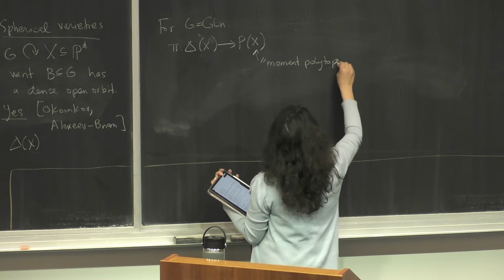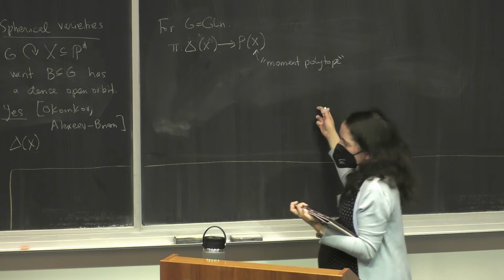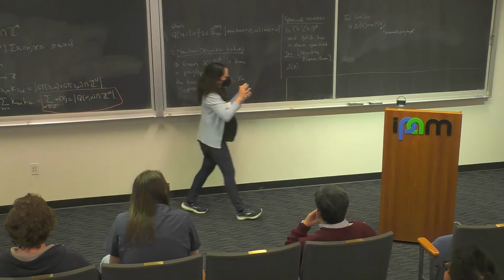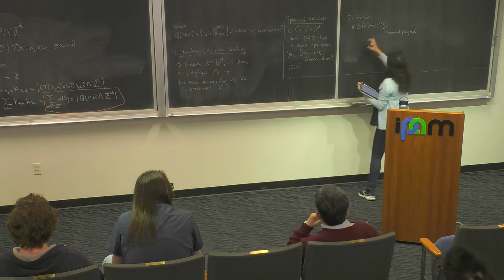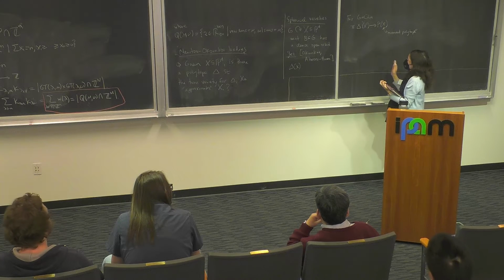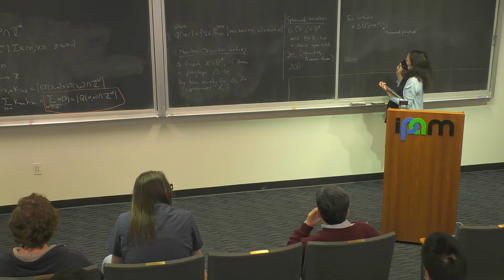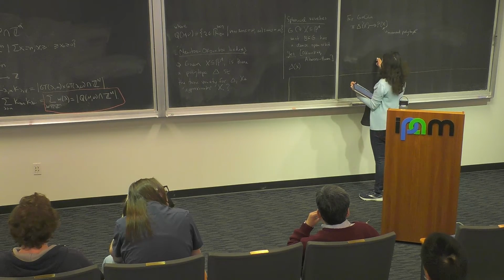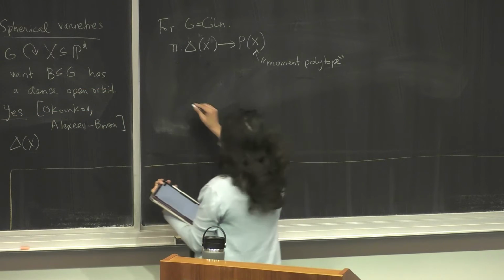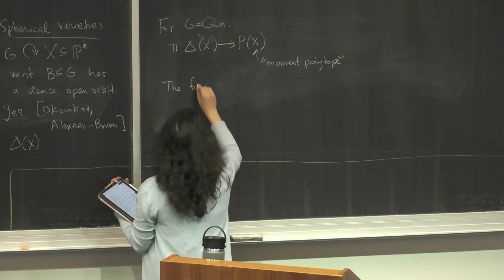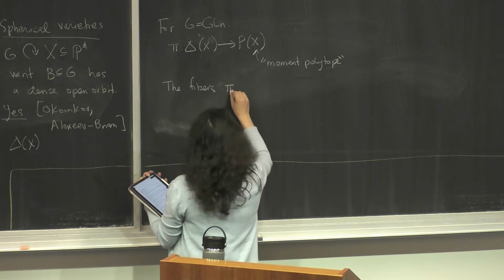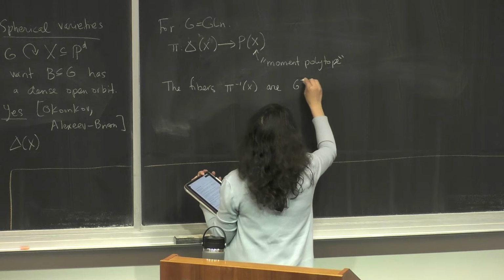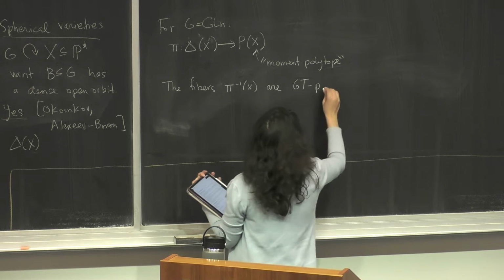I won't be too precise here because I just want to connect it to this idea and to other ideas that will appear later. So this is going to be a bit abstract, and I apologize for that. I won't tell you what this is. This is that polytope. But what I do want to emphasize is that the fibers are Gelfand Tsetlin polytopes.